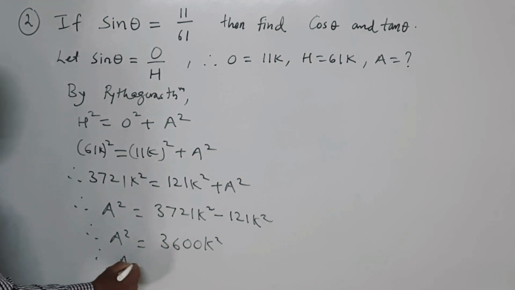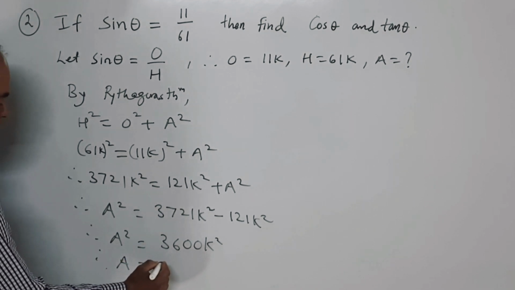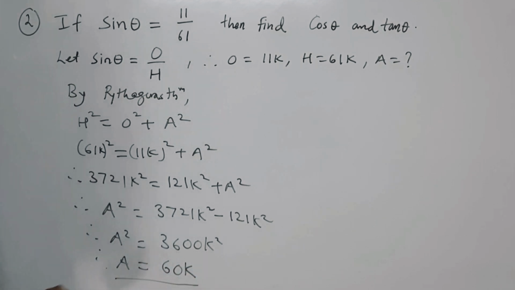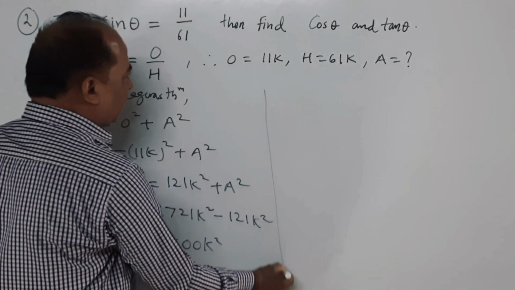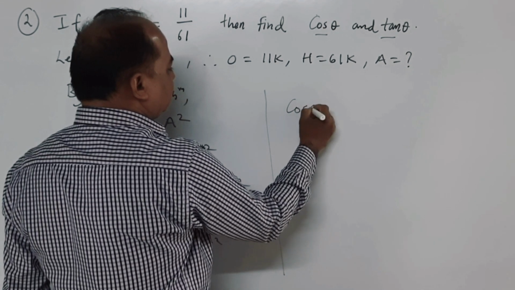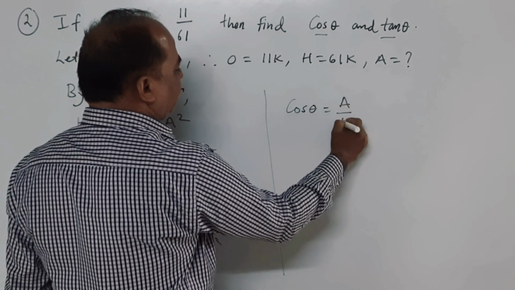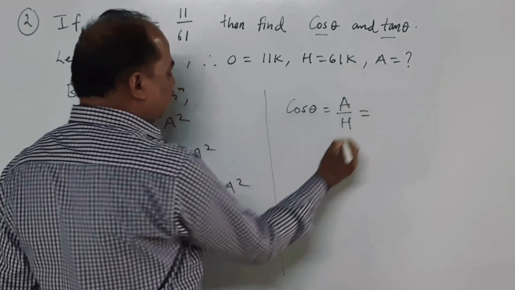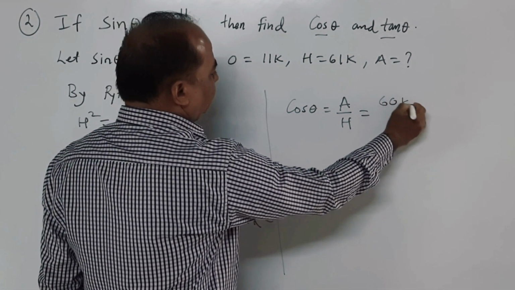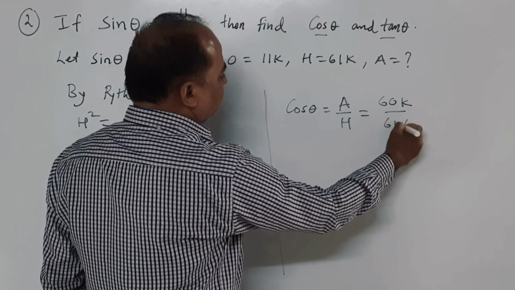Therefore, adjacent side will be square root of 3600, which is 60k. Here we want to find cos theta and tan theta. So cos theta is equal to adjacent side upon hypotenuse, that is 60k upon 61k.